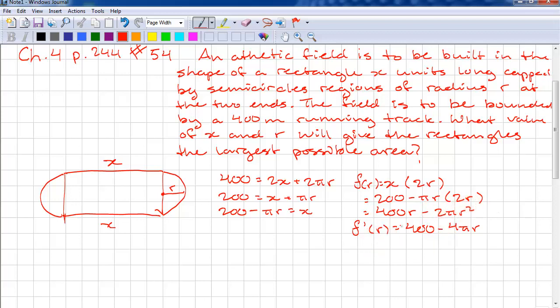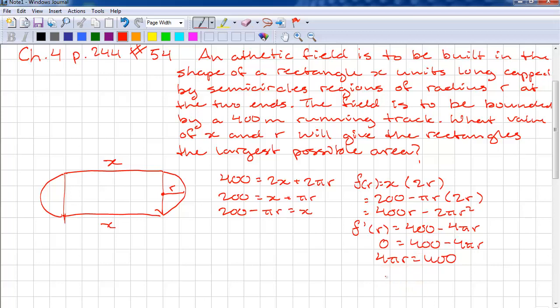Where the derivative equals 0 is the maximum. So 0 equals 400 minus 4 pi r.